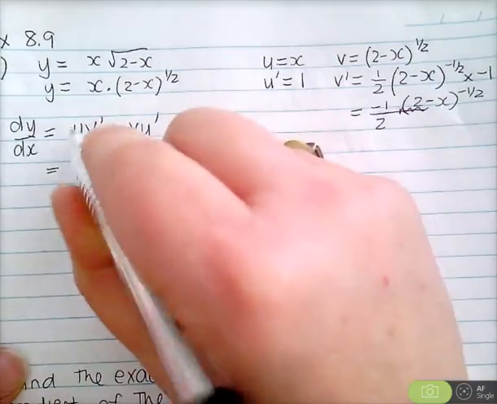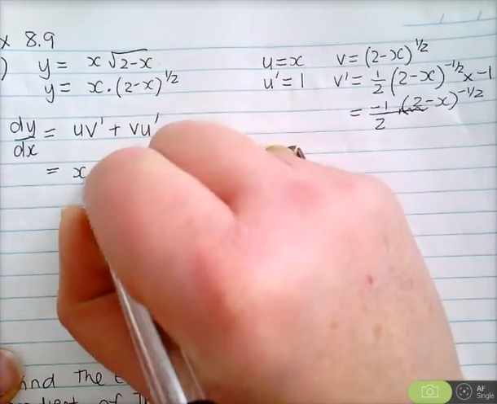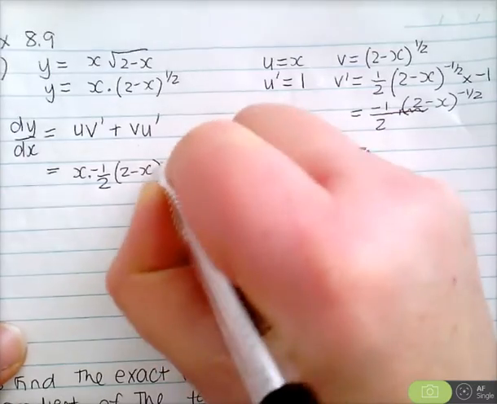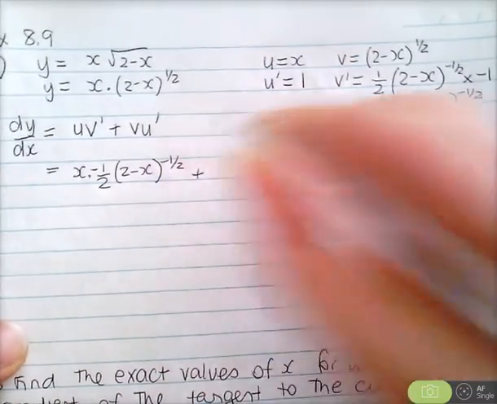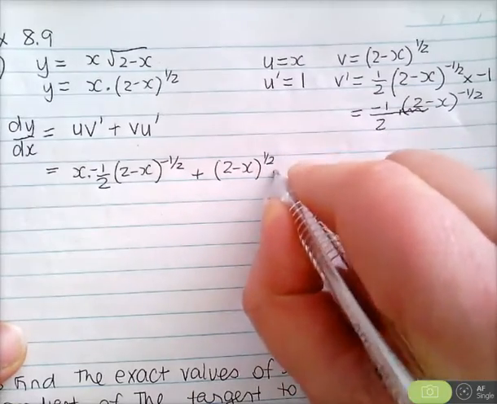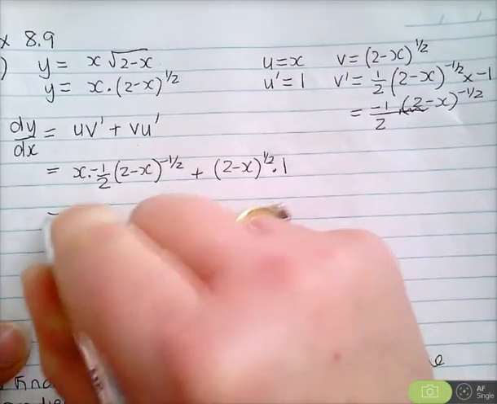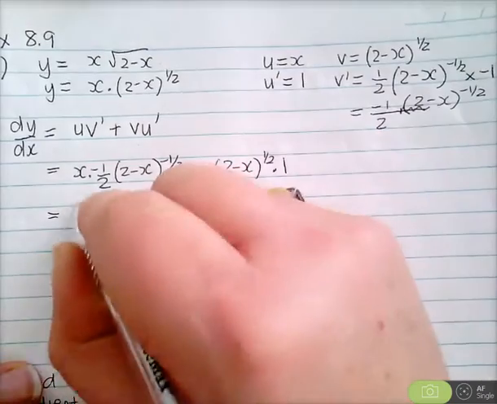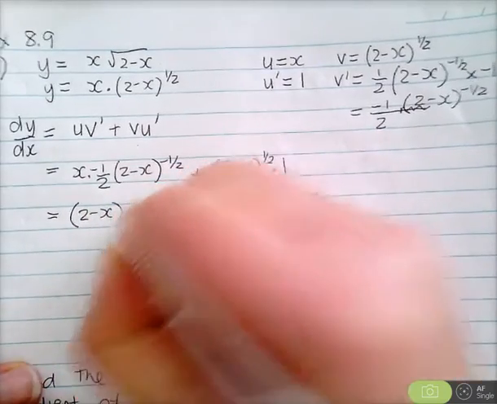Okay? So it's u, which is x, times v dash is a half, 2 minus x to the negative a half, plus v is 2 minus x to the positive half, and u dash is 1. Now, girls, we've got to look for common factors. 2 minus x to the negative a half, because negative a half is always the smaller power.